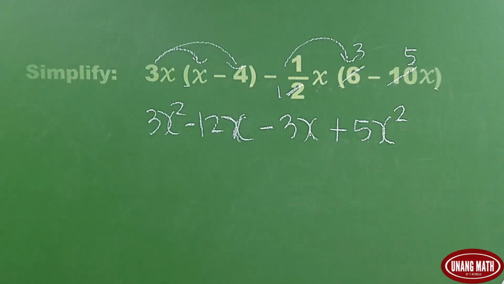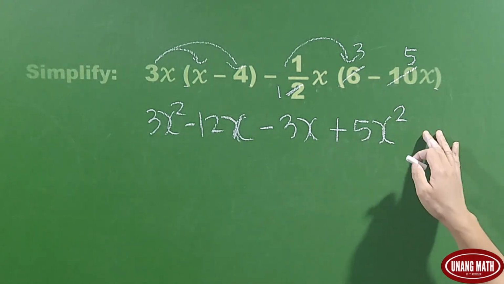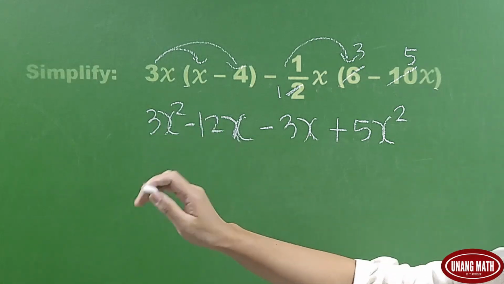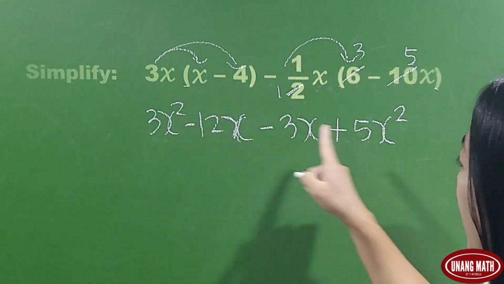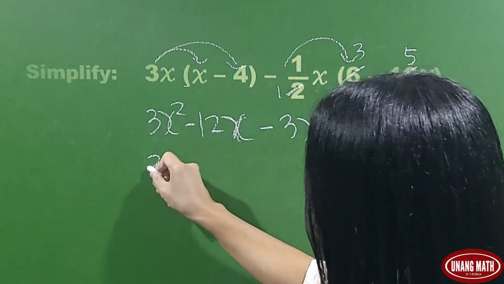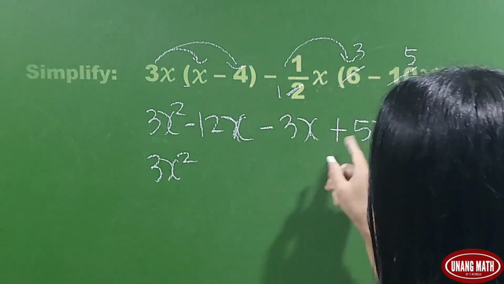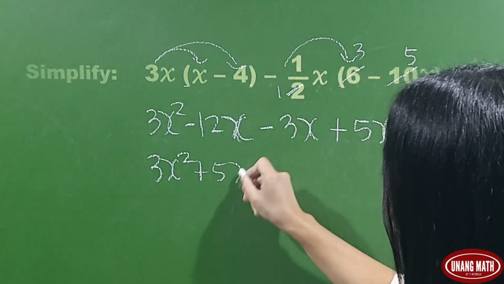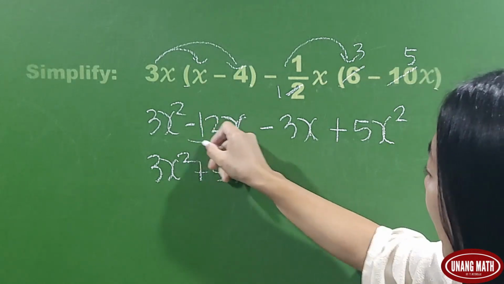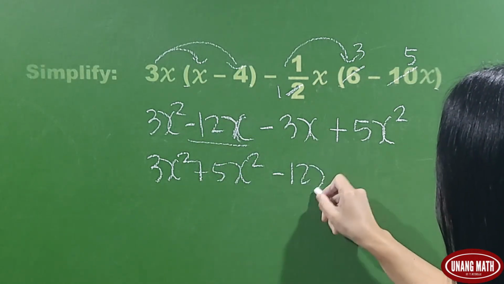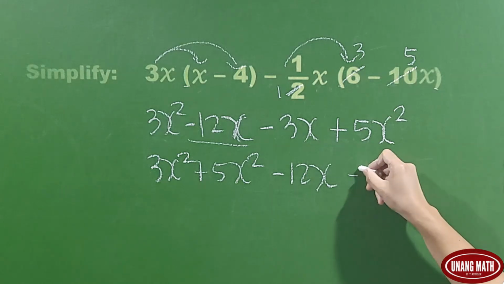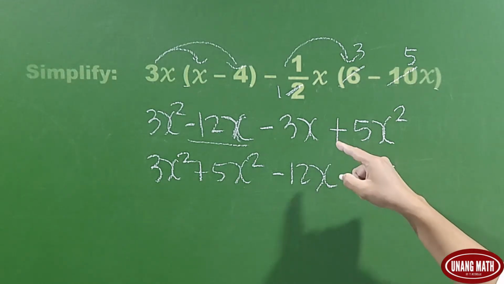Okay, this time, we have to combine like terms. So 3x squared and 5x squared are like terms. So 3x squared plus 5x squared. Okay, negative 12x and negative 3x are also like terms.